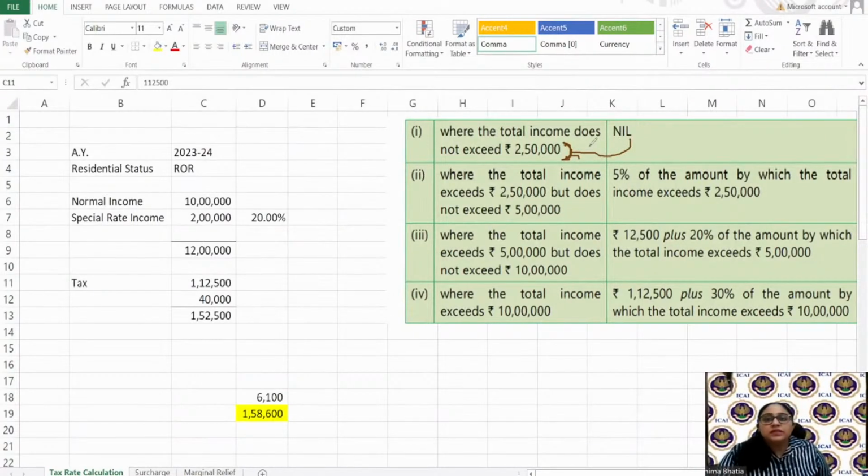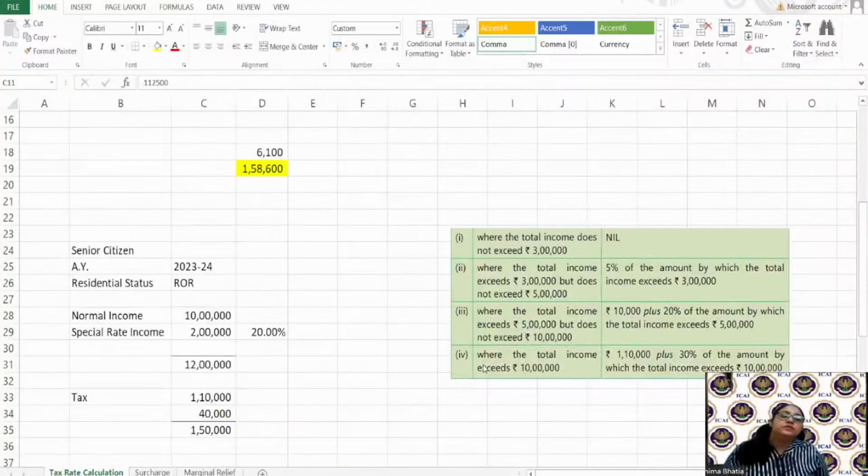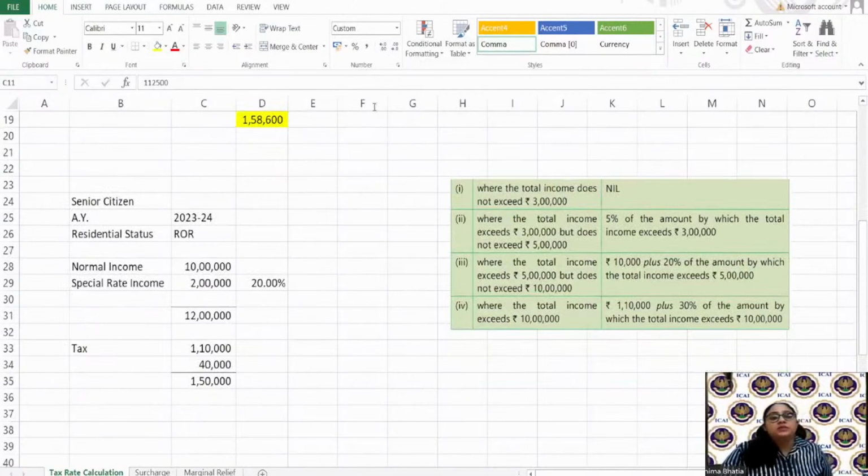Similarly, for the senior citizens, the basic exemption limit is a bit higher. So first you will ask, what is basic exemption limit, which is clear: the slab part of the income on which there is no tax.